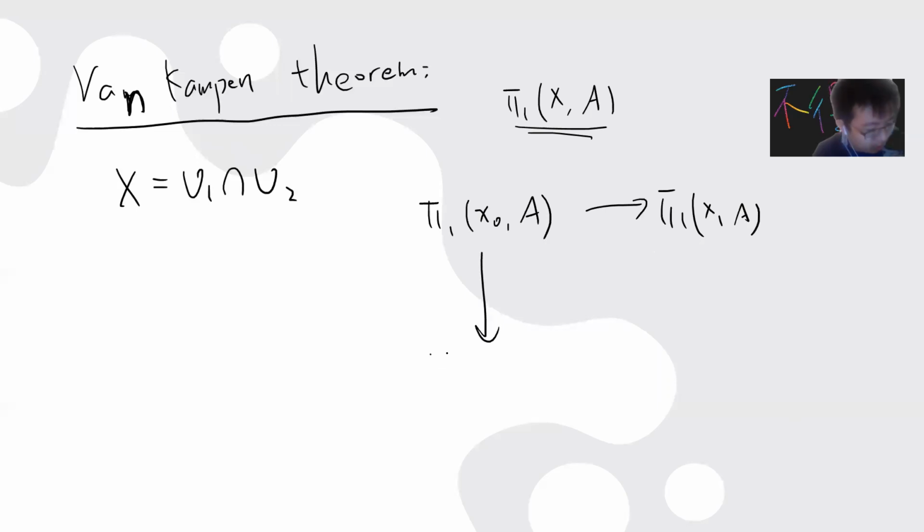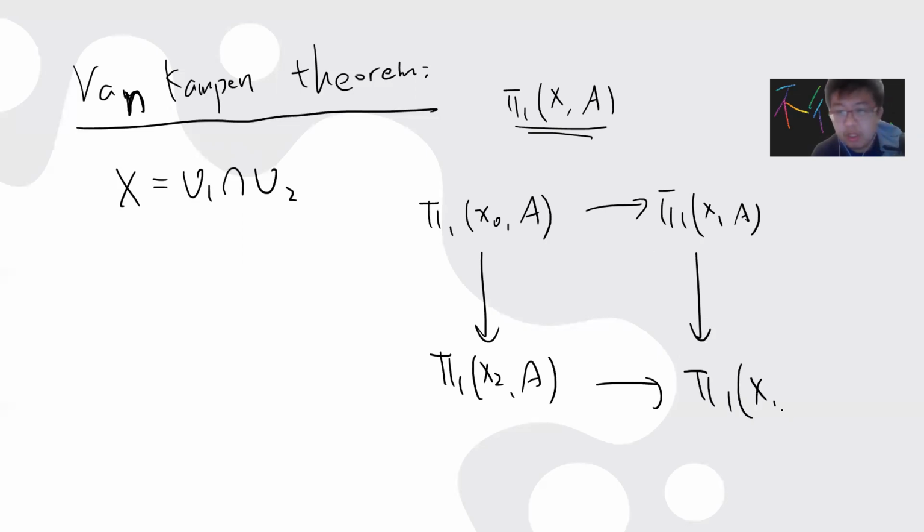So the Van Kampen theorem has this form. You can separate X into X1, X2, and X0, which is their intersection. So X0 is X1 intersect X2, and X is X1 union X2 with its interior.